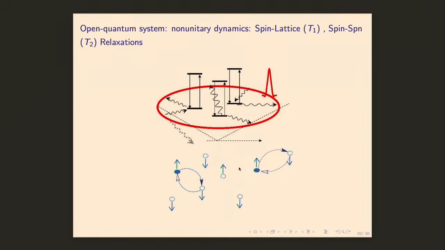If you want to measure only spin lattice relaxation, you don't create coherence. You change only the populations, and then see at what rate the populations are restored. So it is a pure population rearrangement process, and it doesn't involve spin-spin interaction. For spin-spin interaction, you prepare coherence, and then see at what rate it loses the coherence.